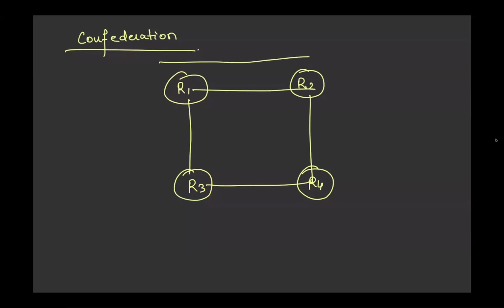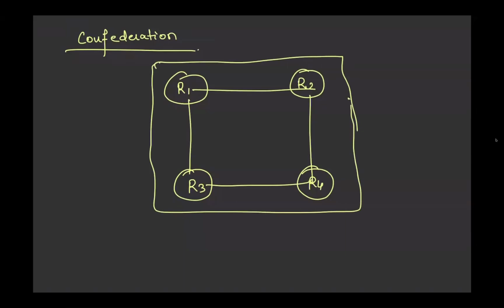This is my main AS over which they are part of. Now, if I do the confederation configuration, what does it mean? Does anyone know?